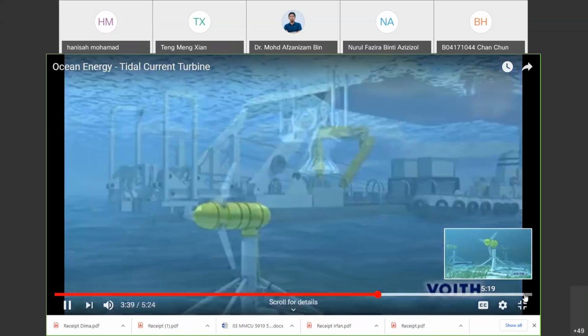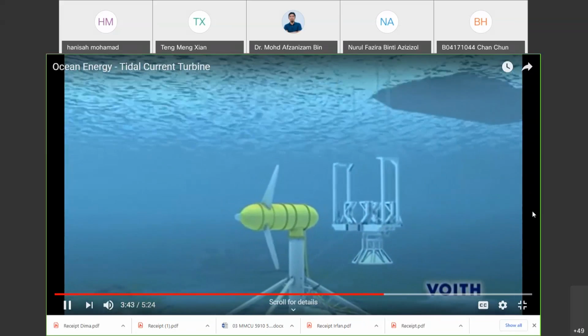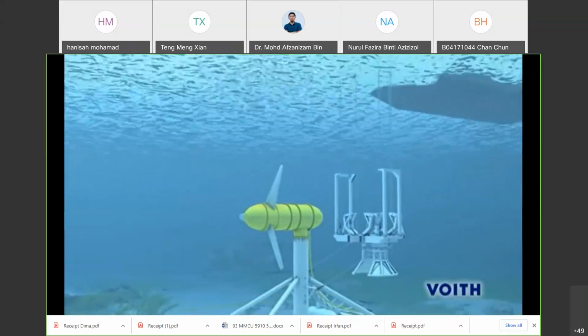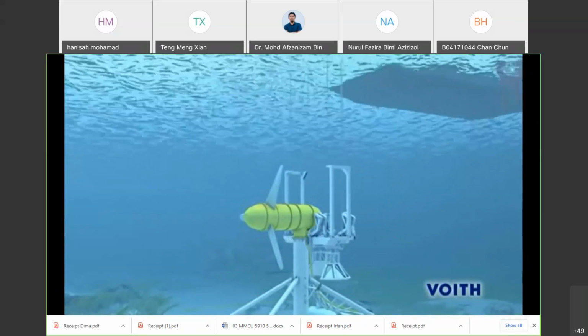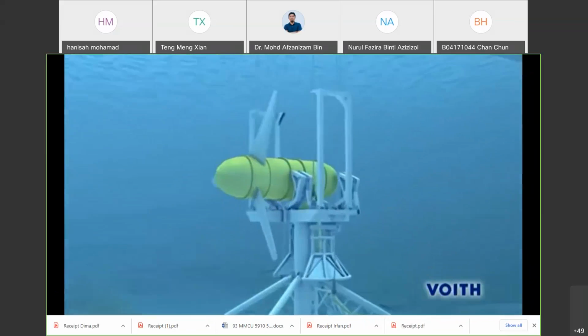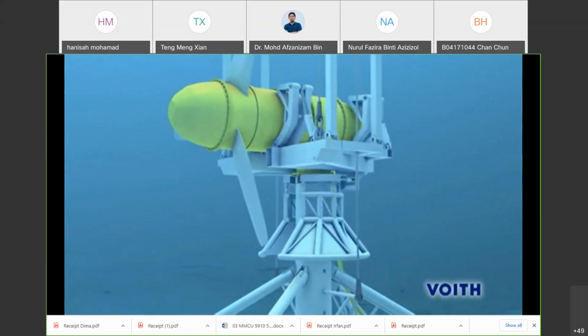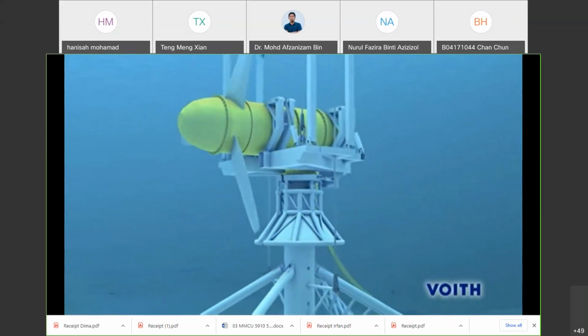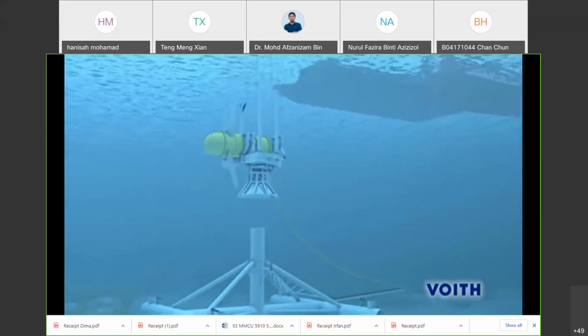Sliding on these chains, a lifting frame is lowered and directed below the turbine by maneuvering the vessel. The hydraulic clamp closes and then grips the turbine nacelle. Now the guide chains are tightened and the turbine can be safely lifted to the surface and disconnected from the sea cable.